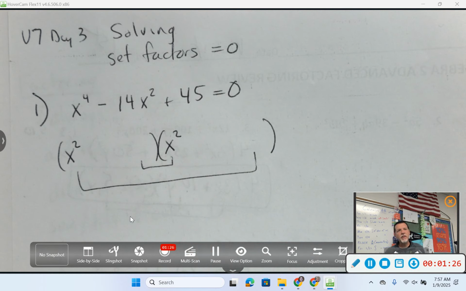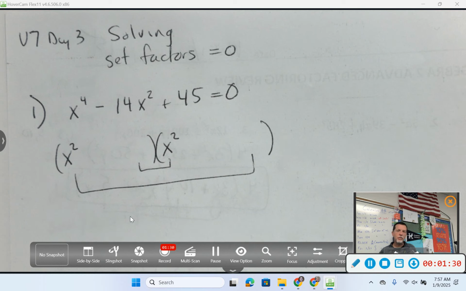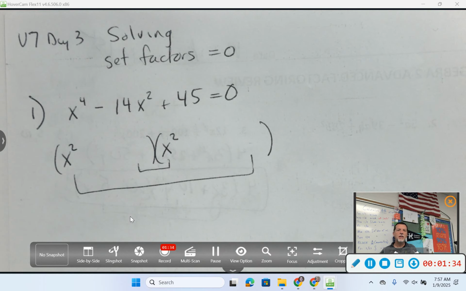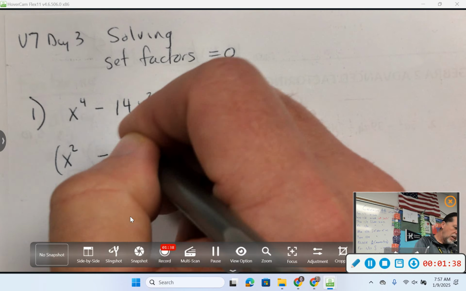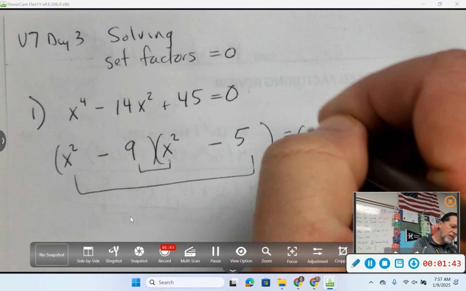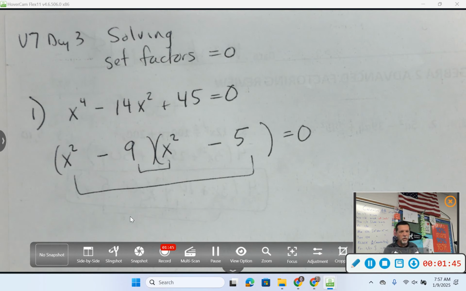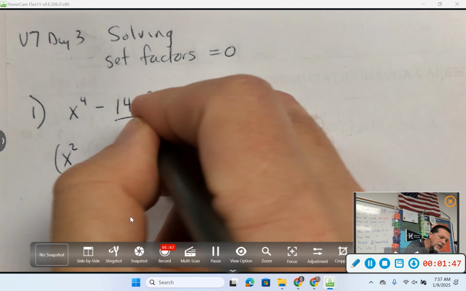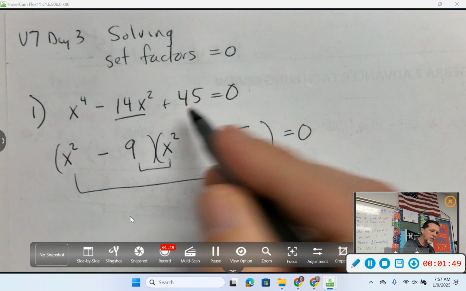And then I've got to figure out how to get to 14 with factors of 45. 9 and 5 would work. x squared minus 9 and x squared minus 5. They're both negative, so that 14 is negative, and negative times negative is positive.